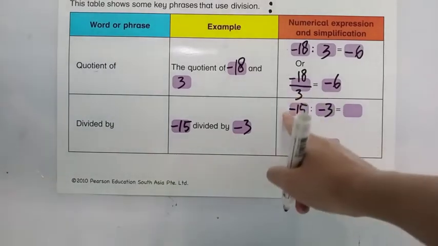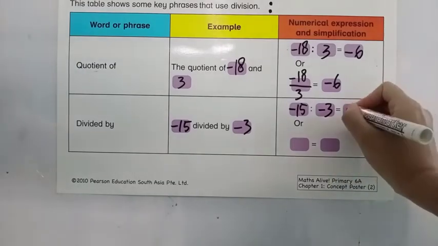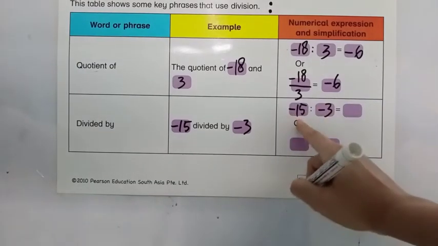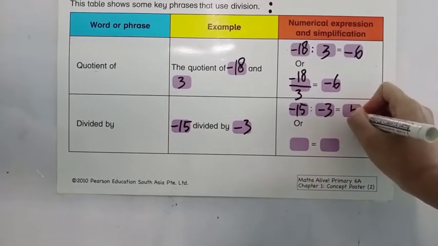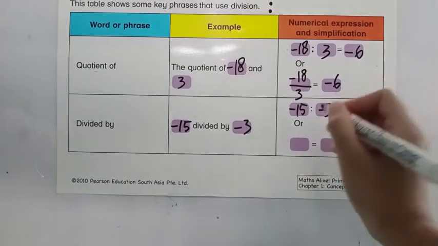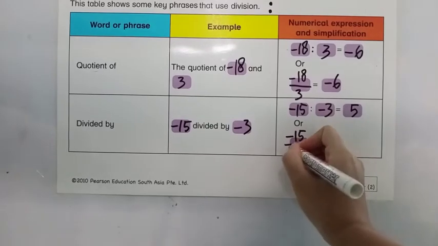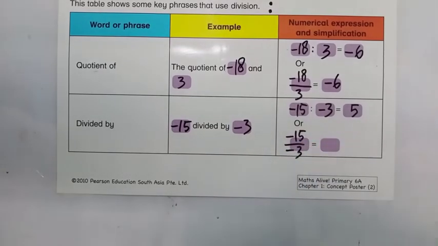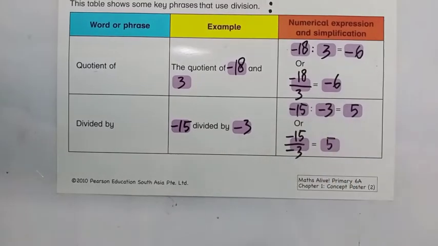If the signs are the same, the answer is positive. So, negative 15 divided by negative 3 equals positive 5. Or in fraction we can write negative 15 over negative 3. And the answer, positive 5. I hope you can understand this video.